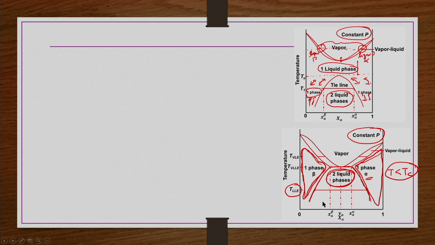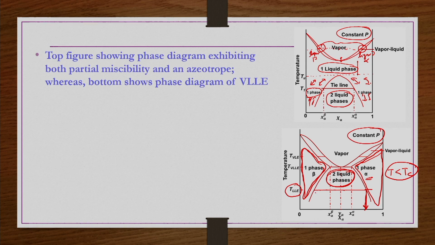Towards the higher Xa side we will have the alpha phase mole fraction, and towards the lower Xa side we will have the beta phase mole fraction of that particular component, let us say A. If you do T versus Xa, at the larger Xa side, wherever the tie line intersects this curve, this would be your Xa alpha at this TLLE temperature, and this should be your Xa beta, again at TLLE temperature, because at TLLE we draw a tie line and then find the composition.